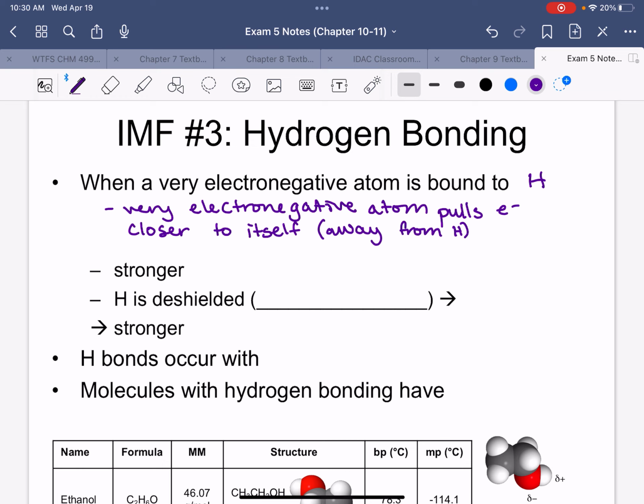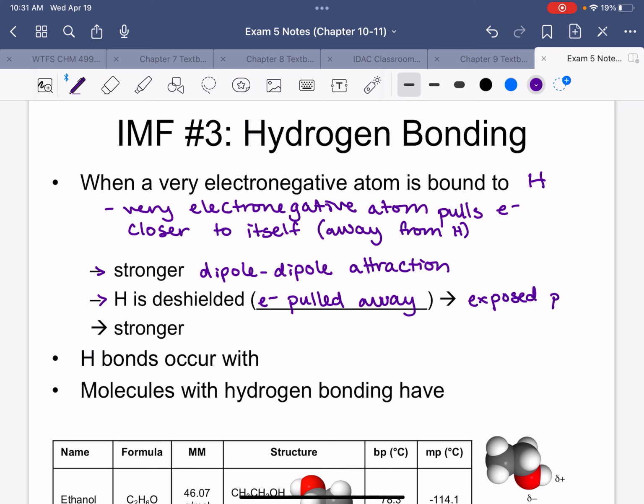So what results is an even stronger dipole-dipole attraction, because we have an even stronger partial positive and partial negative. The hydrogen is de-shielded, meaning its electron is pulled away from it, and so it almost acts like an exposed proton.